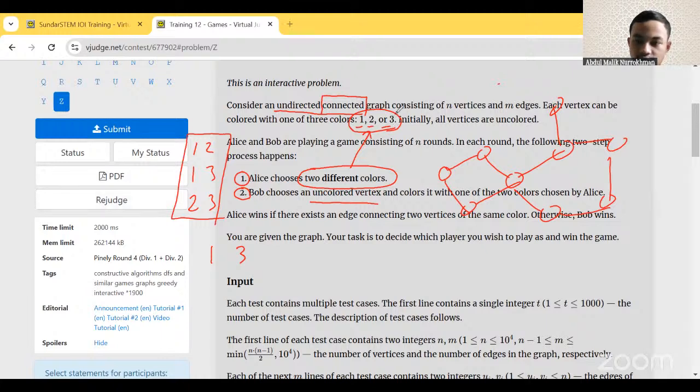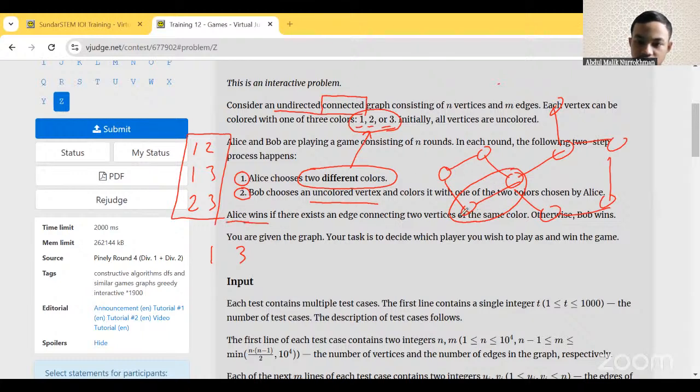In the final state of the graph, if there is a pair of adjacent nodes with the same color, then Alice wins the game.